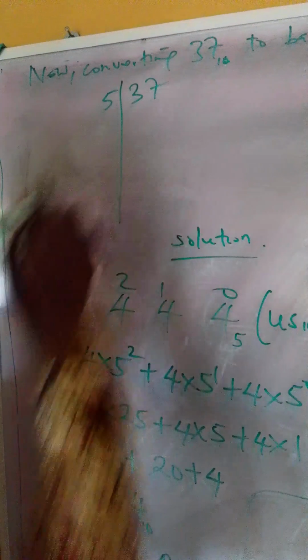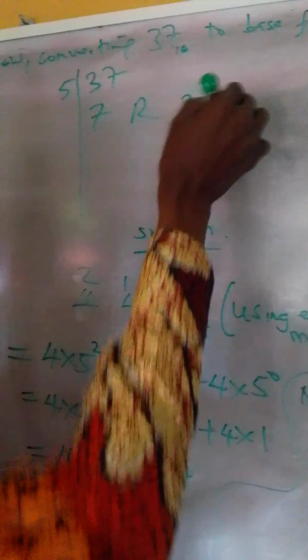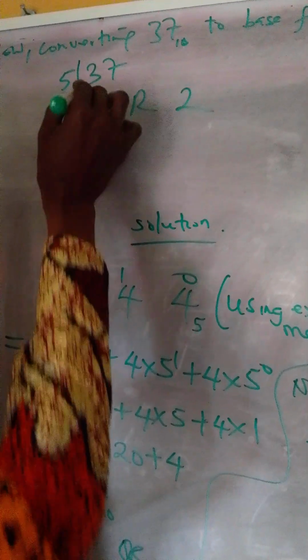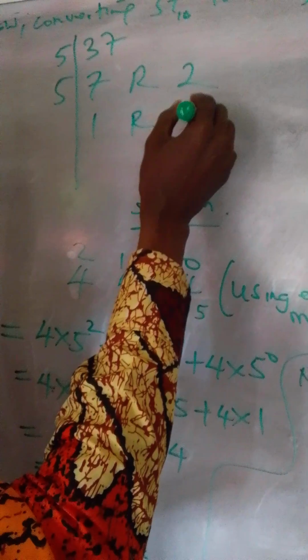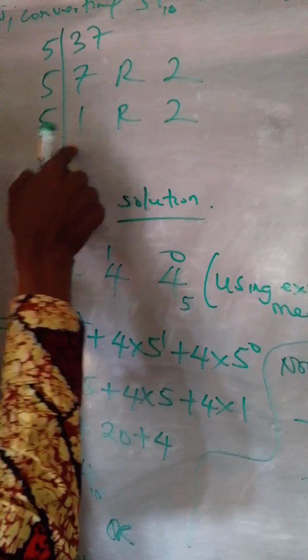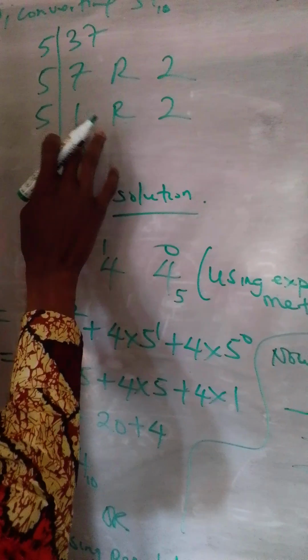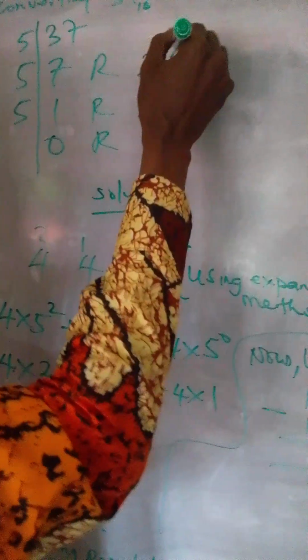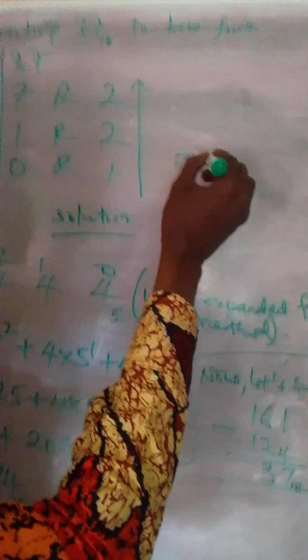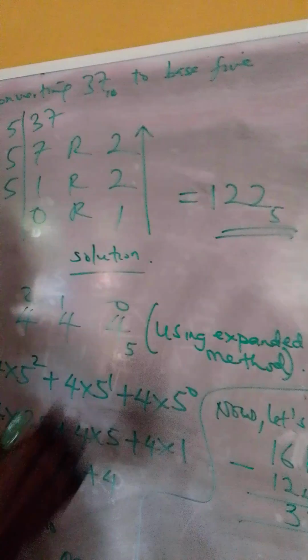Alright. So 5 divide 37 is 7 remainder 2. Then 5 divide 7 is 1 remainder 2. Then 5 divide 1 cannot. So we write 0. This 0 means that 5 cannot divide 1. Then this 1 should be brought down as remainder. So you now collect the remainders from down to up, which is 1, 2, 2 in base 5.